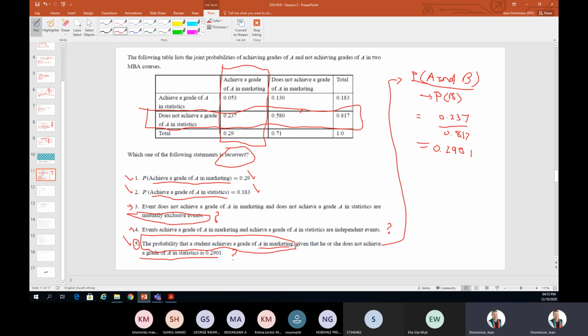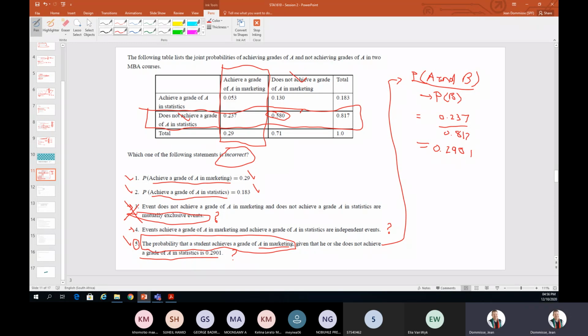The problem with this one is that there is actually a 58% probability that that will happen. Mutually exclusive is when it does not happen. So that one is wrong.